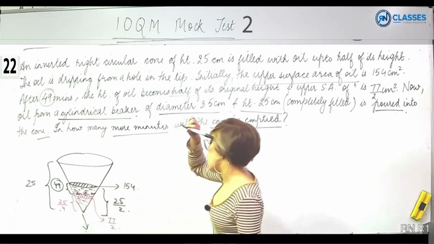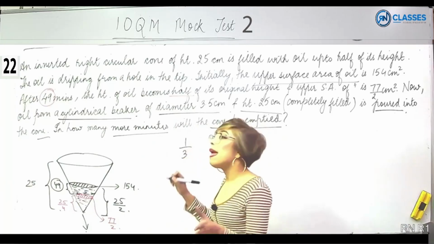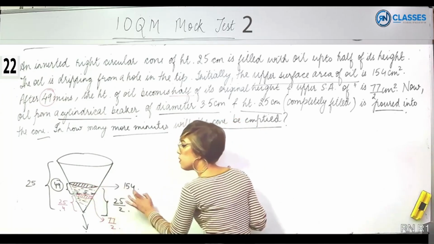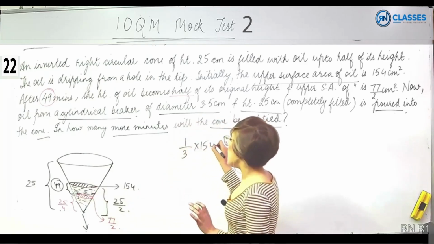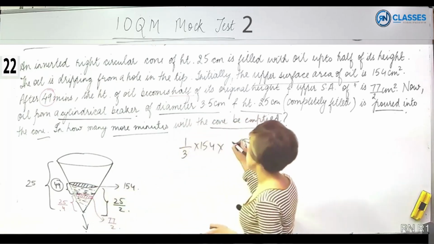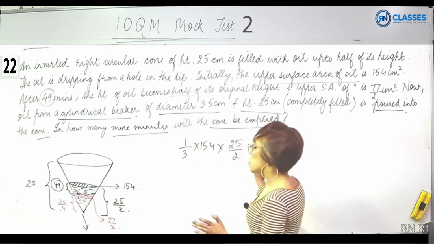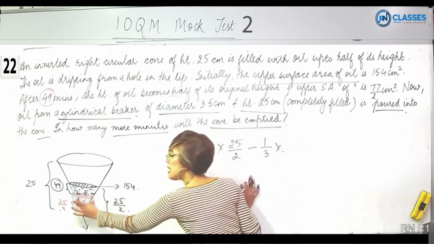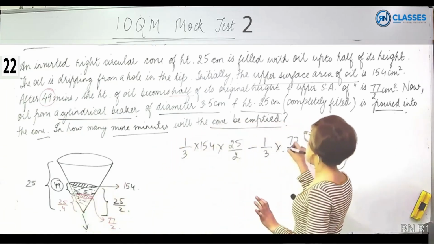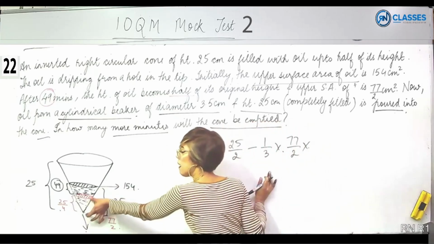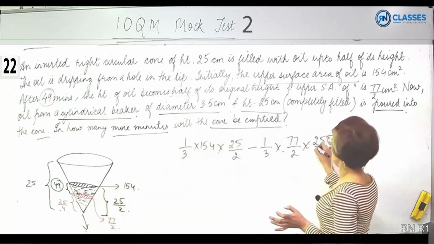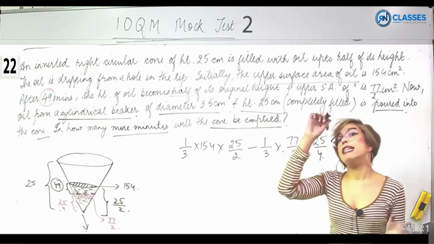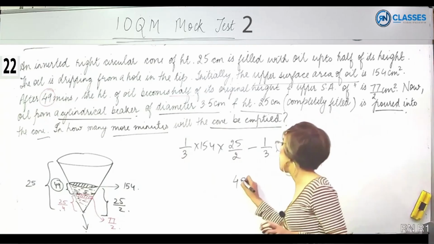The volume of the bigger cone is 1 by 3 pi r square h. Now pi r square is the area of the circle which is given to you, that is 154, into h, height is 25 by 2, minus the volume of the smaller cone, which is 1 by 3 into 77 by 2 into the height, which is 25 by 4. Right? This much volume was let out in 49 minutes.